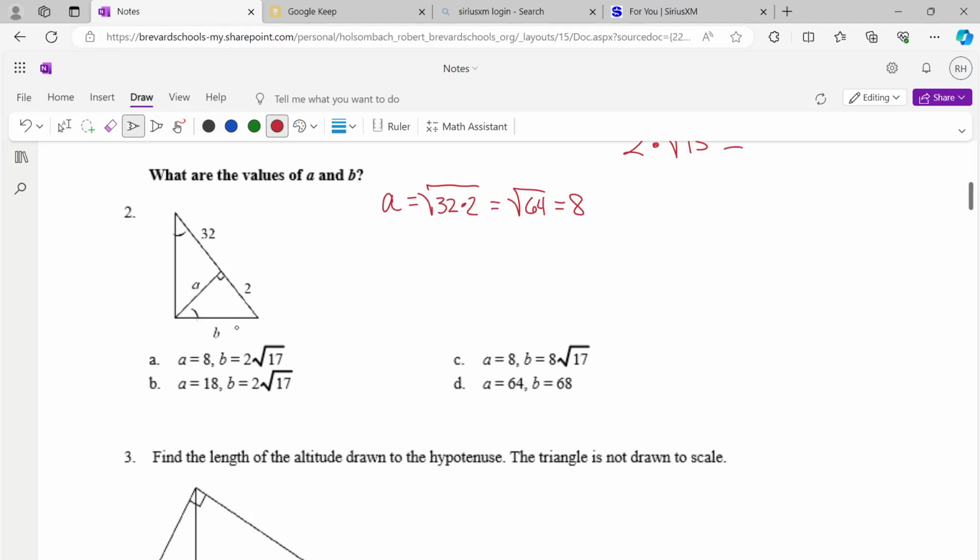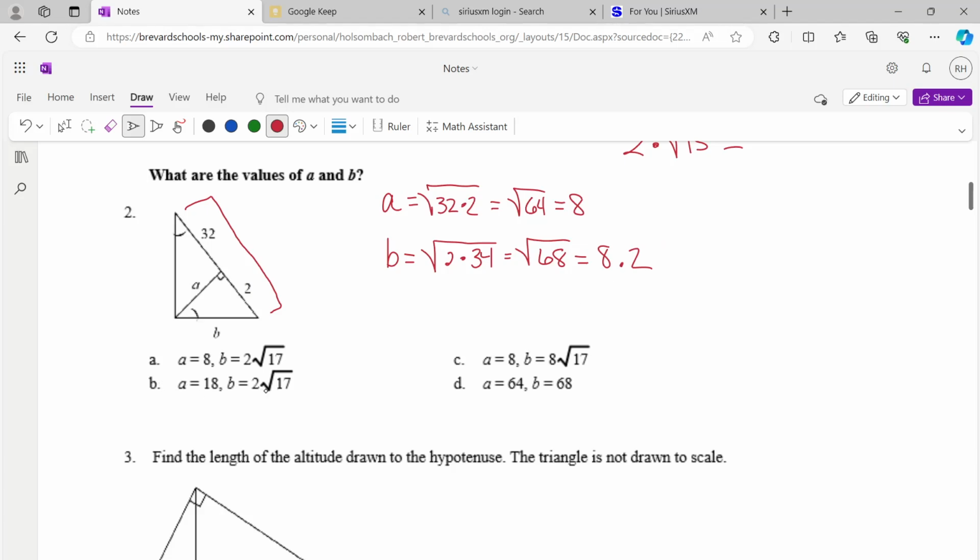And then B is going to be equal to the square root of 2 times the entire length of the hypotenuse, which is 32 plus 2, which is 34. 2 times 34 is the square root of 68, and the square root of 68 is 8.2. So our A is 8 and our B is 8.2.